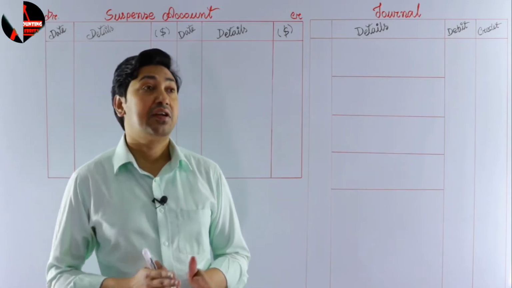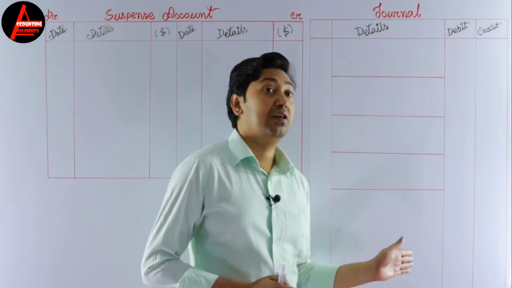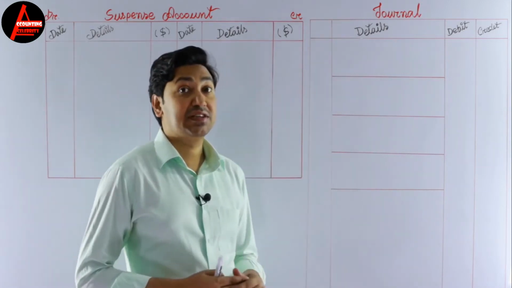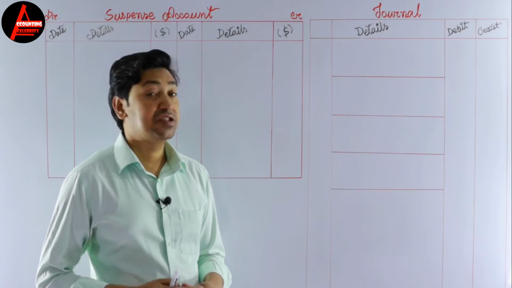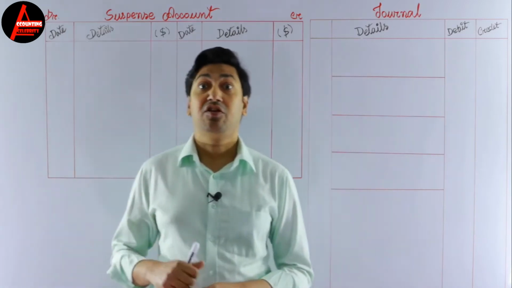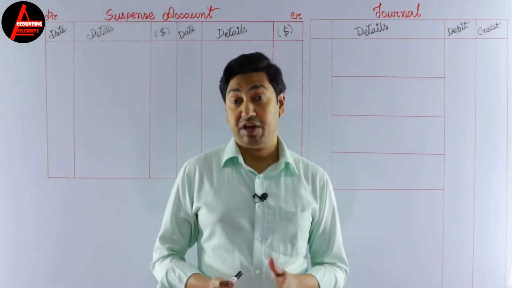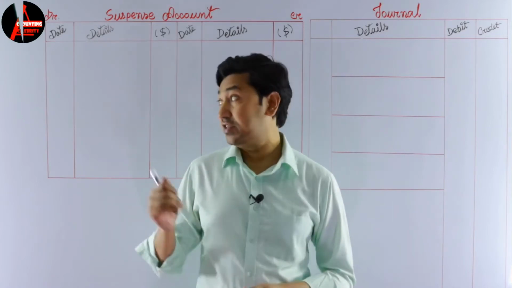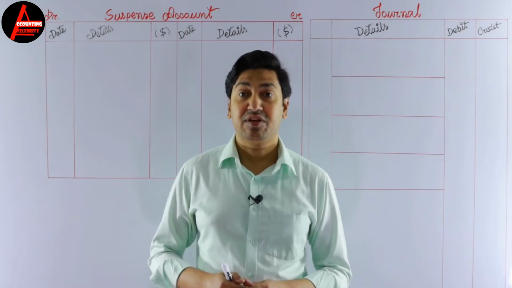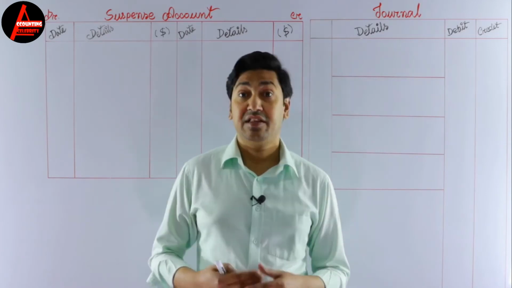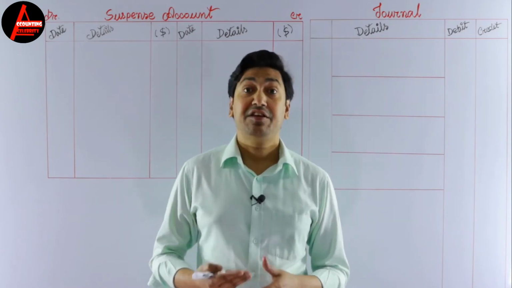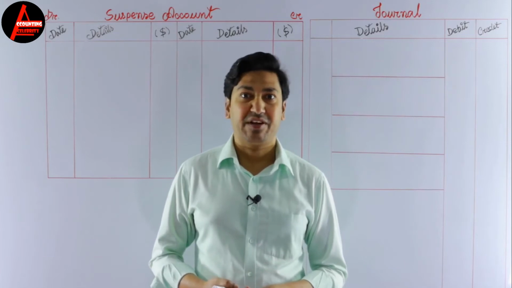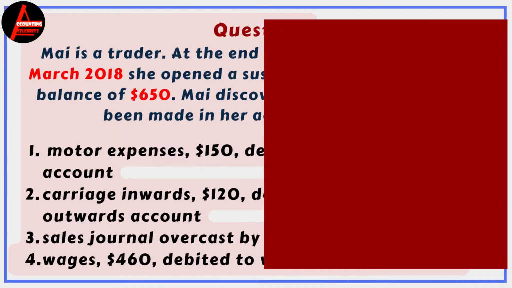On the debit side of the trial balance, she got a suspense account of $650. So this is the difference on the suspense account. Here we have some errors in the transactions. Maybe if we rectify these errors, this suspense account will be balanced. If it is still imbalanced, then it indicates that there are still some errors in the books of account.